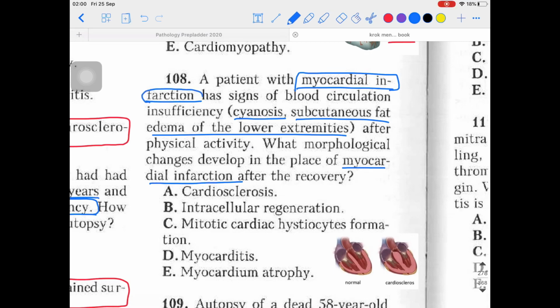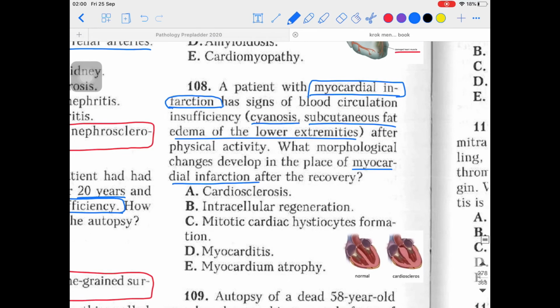Now in most of the cases, you must be noticing that they are talking about the MI. Most of the cases in the cardiovascular system, you will be dealing with the MI. So this patient also had a history of MI, and he had signs of blood circulation insufficiency. Obviously, an MI person will have insufficiency of the blood circulation, and cyanosis was seen, and subcutaneous fat edema in the lower extremities was appreciated after some kind of physical activity.